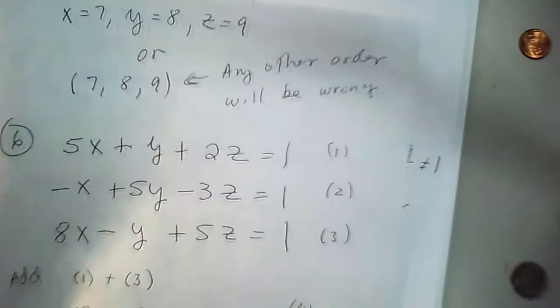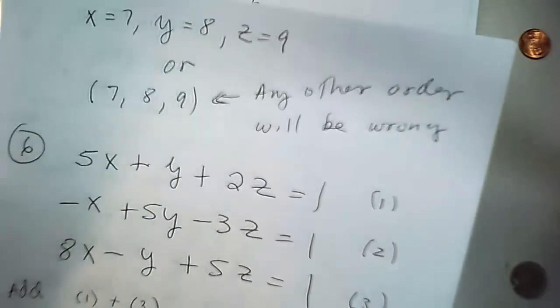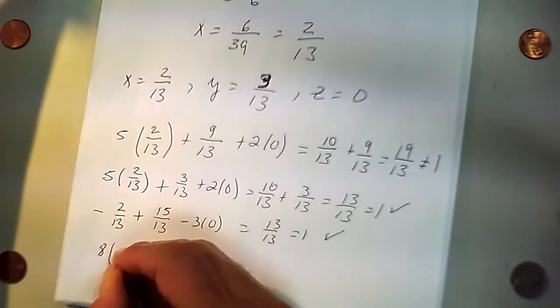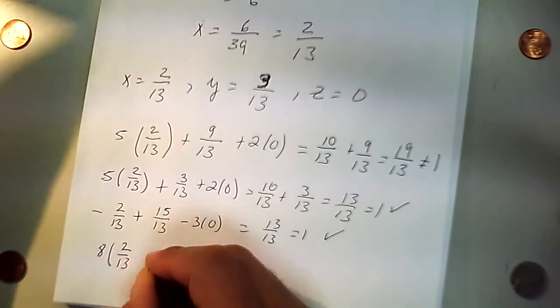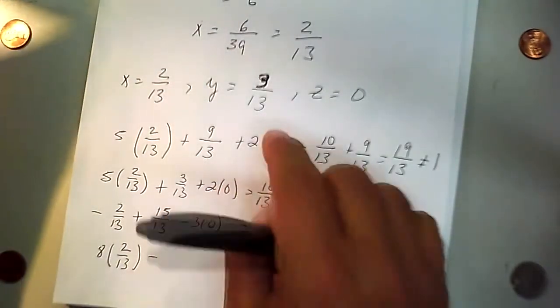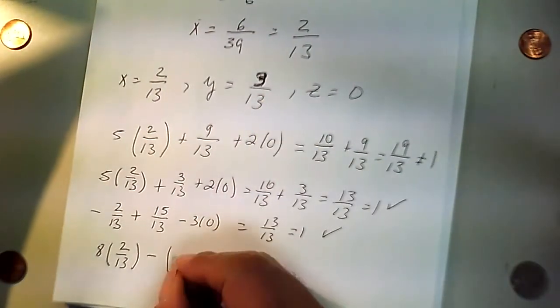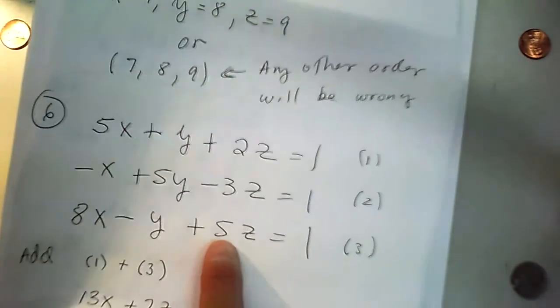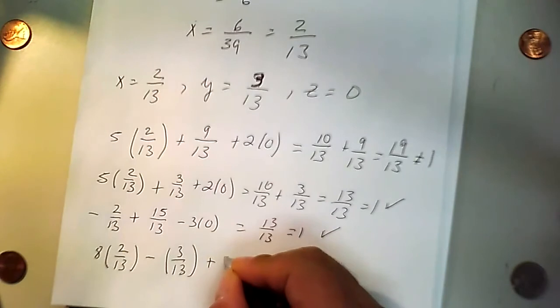The last equation should check, but let's double check. So 8 times 2 over 13 minus y, minus 3 over 13, plus 5 times 0.